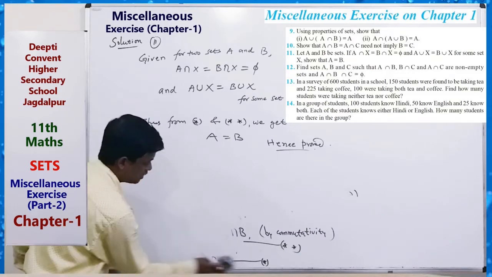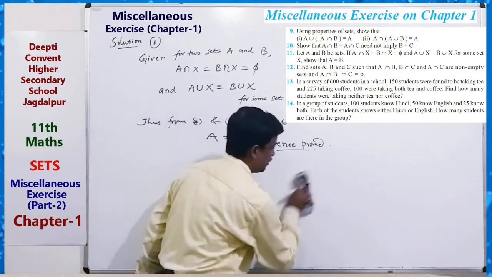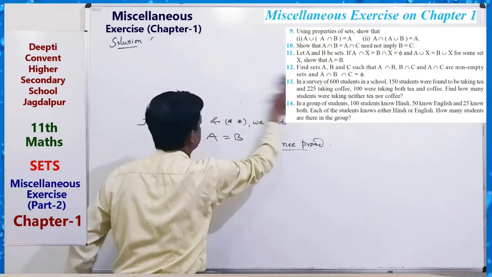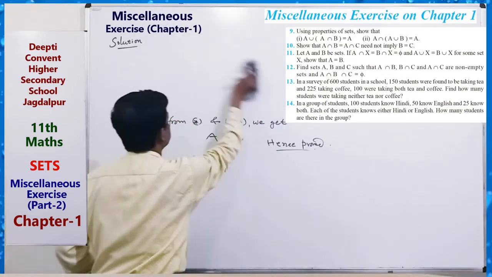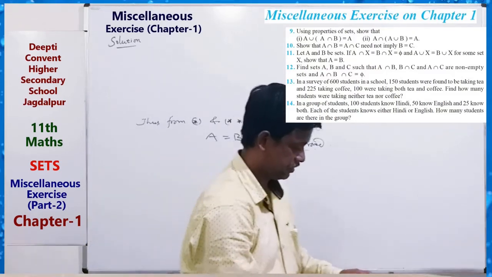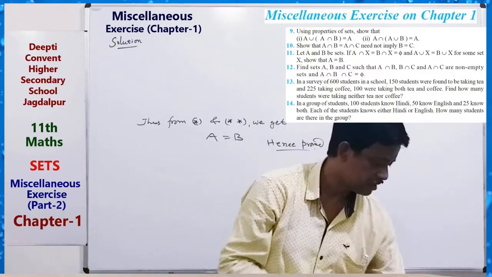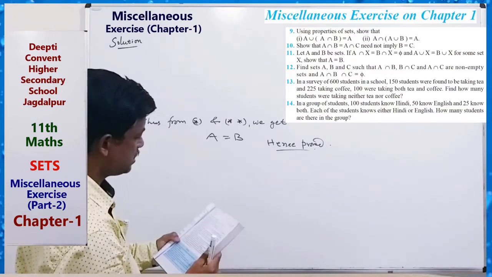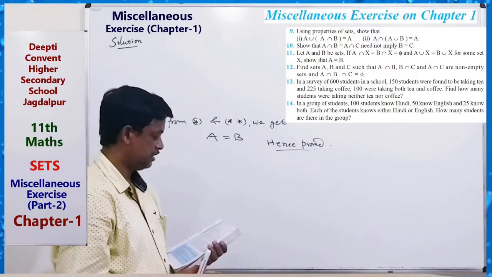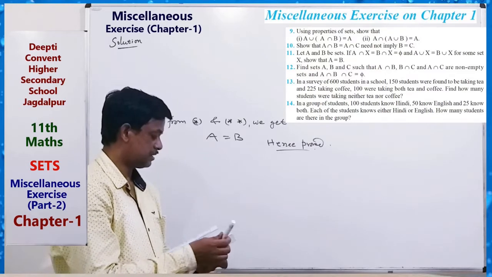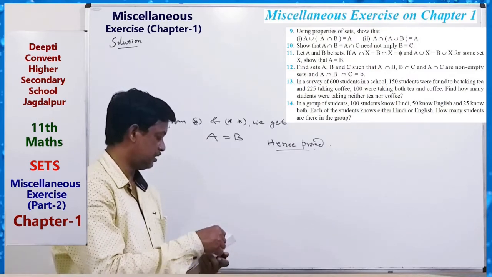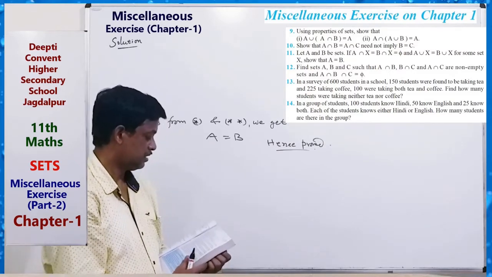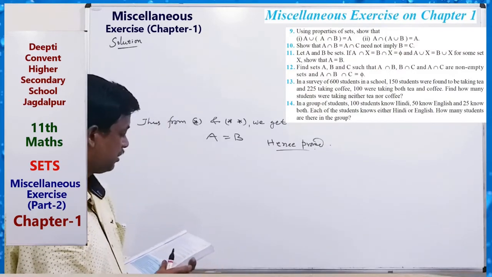Now take question 12. Here, what is question 12? For sets A, B, C such that A intersection B, B intersection C, A intersection C are non-empty sets and A intersection B intersection C equals phi.